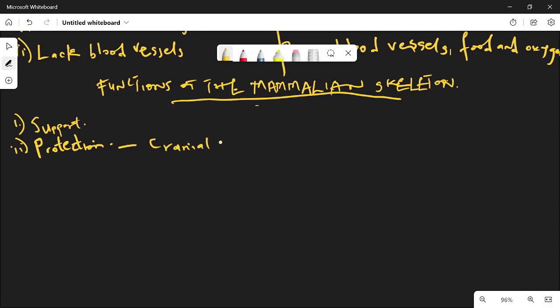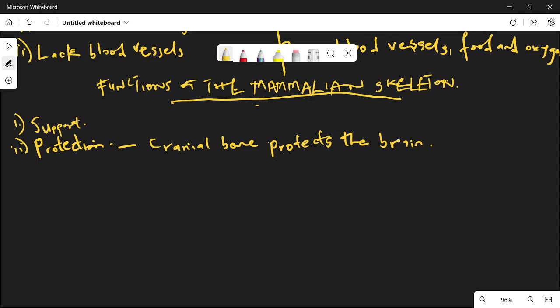the cranial bone, or the skull, protects the brain.